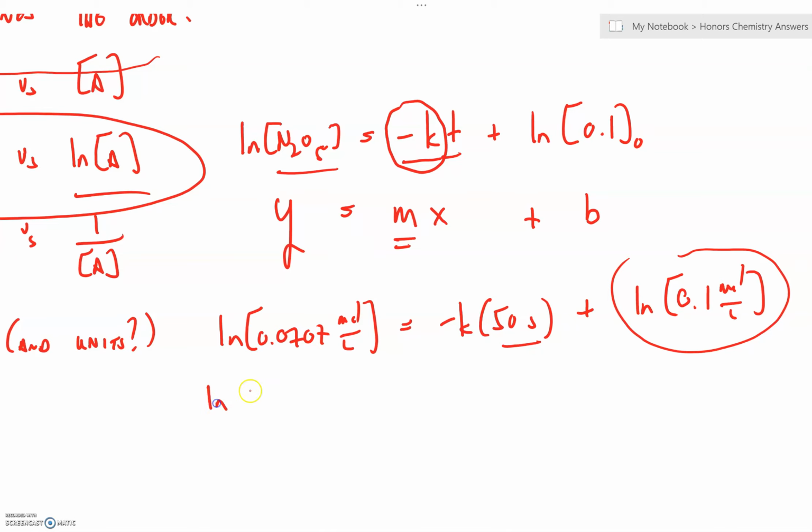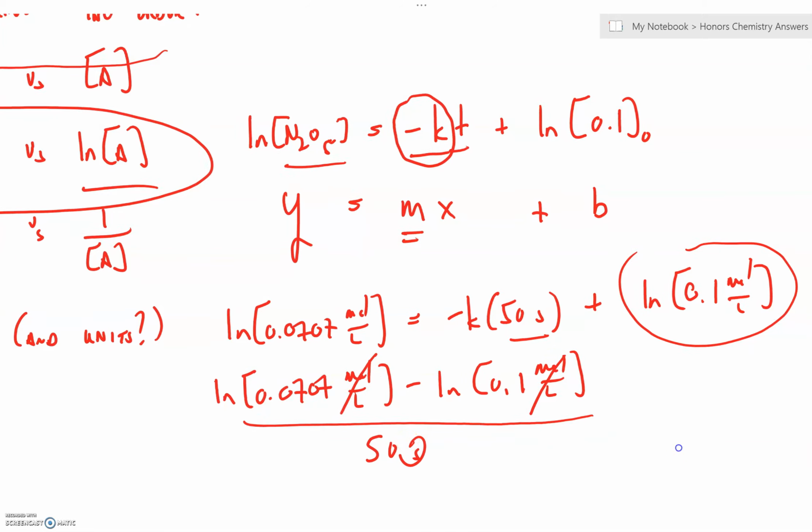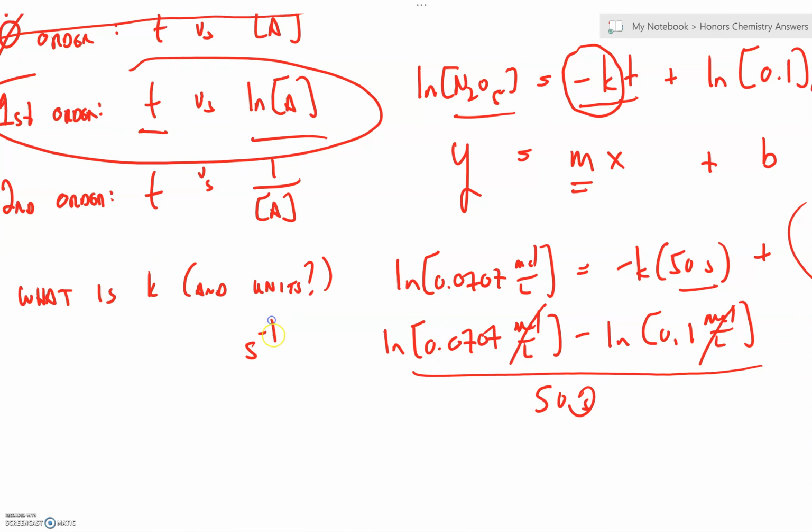We're going to take the natural log of 0.0707 moles per liter. We'll subtract from this the natural log of the concentration at time 0, which is 0.1, and we'll divide by 50 seconds. Now, when we take the natural log, the units are going to disappear. So our units for K will be seconds to the -1.